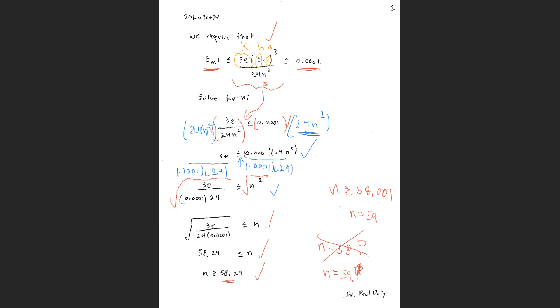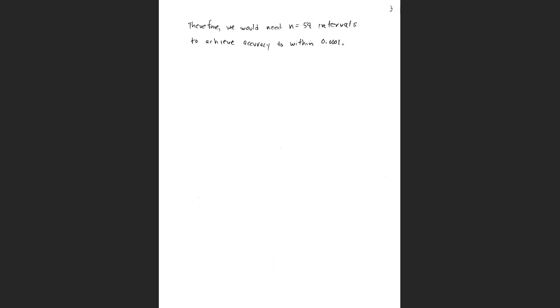So you have to round up basically. I think you understand. So therefore we would need 59 intervals to achieve the accuracy that we want.